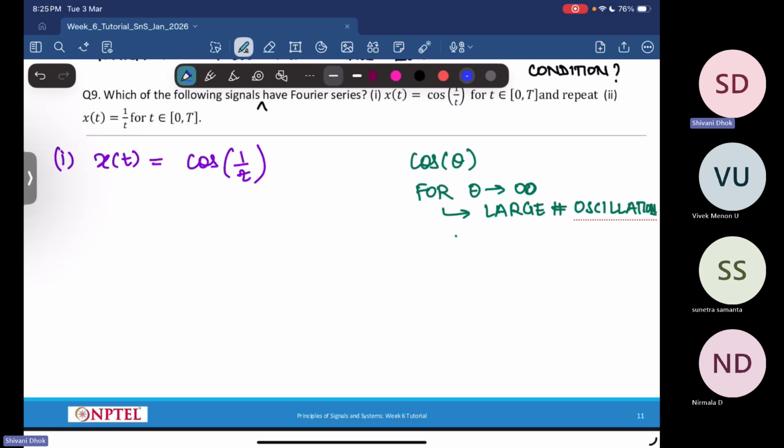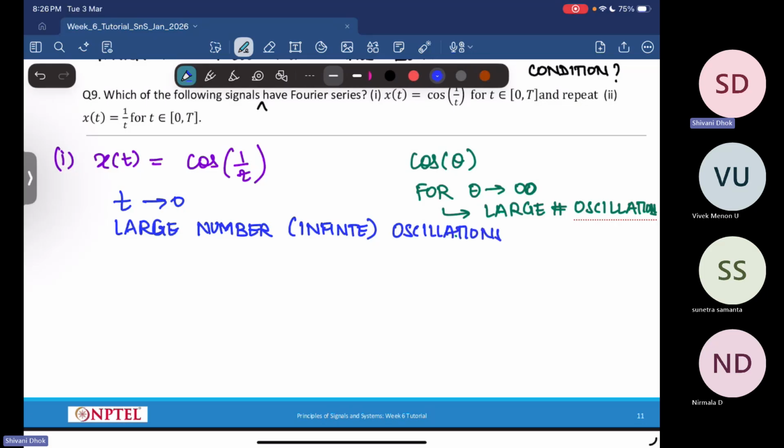So if you translate this here, for t tending to 0, you will have a large number, or essentially an infinite number, of oscillations.